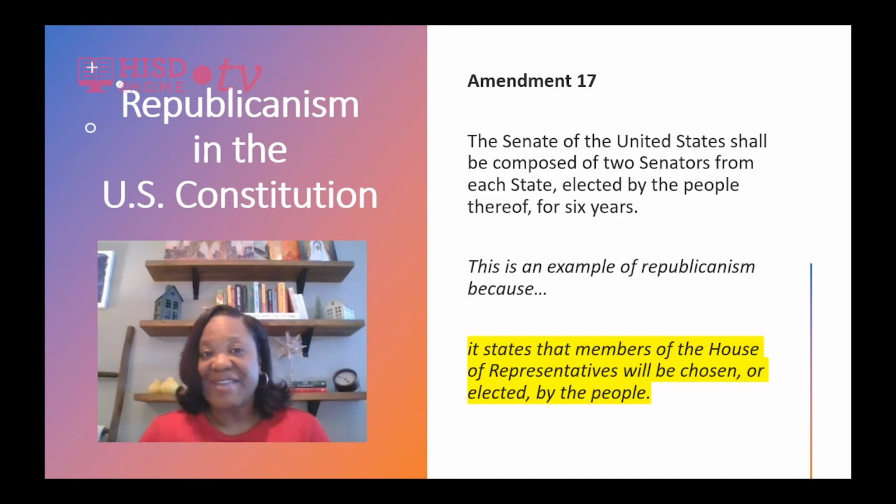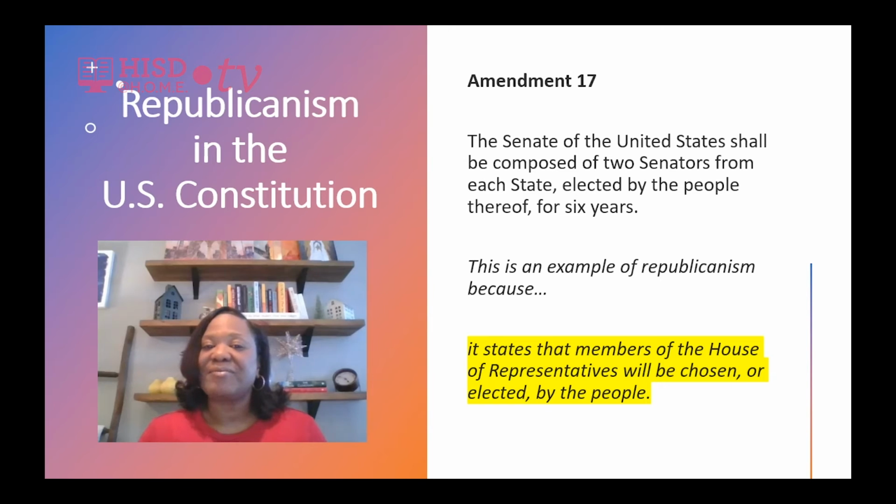Let's see if you can fill that in. Let's read Amendment number 17 one more time. The Senate of the United States shall be composed of 2 senators from each state, elected by the people thereof for 6 years. So this is an example of republicanism because, let's finish that sentence.